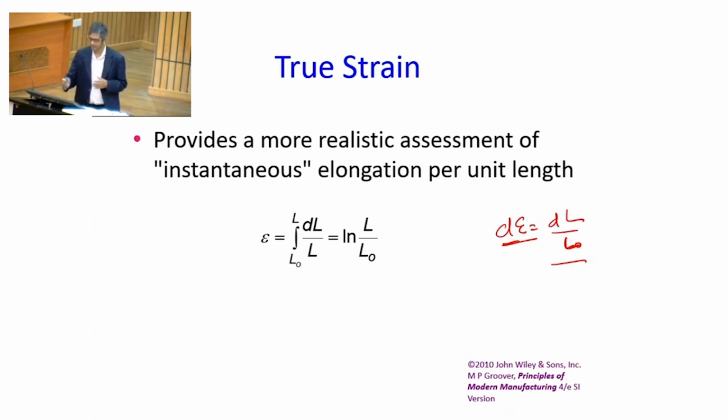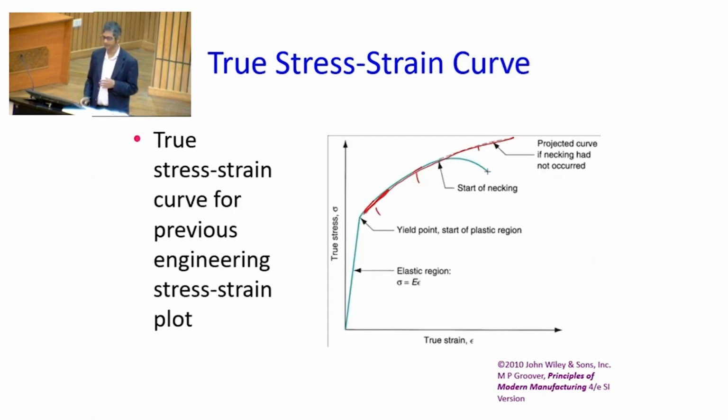Okay. So, if you integrate this one, you get that equation. So, that is why it is log of L by L0. And the true strain curve will not show any kind of effect of necking on the curve, that keeps on increasing. You can see that, and that is because you have taken care of that by using the instantaneous area.